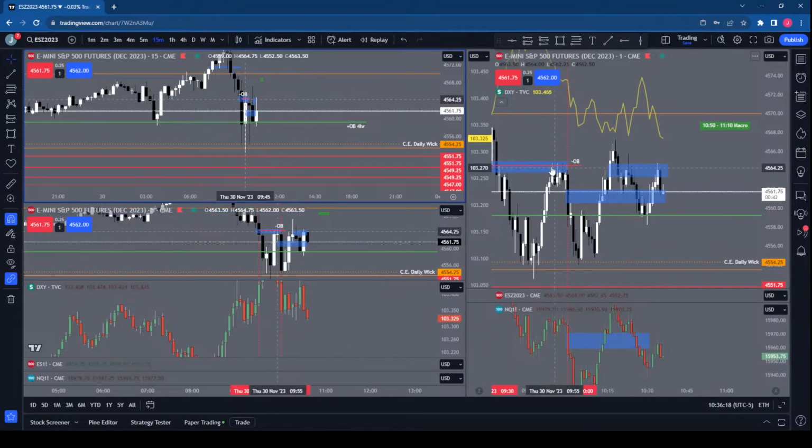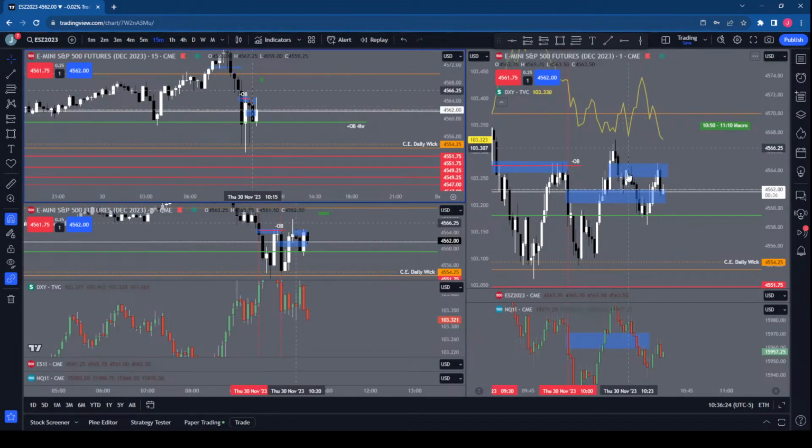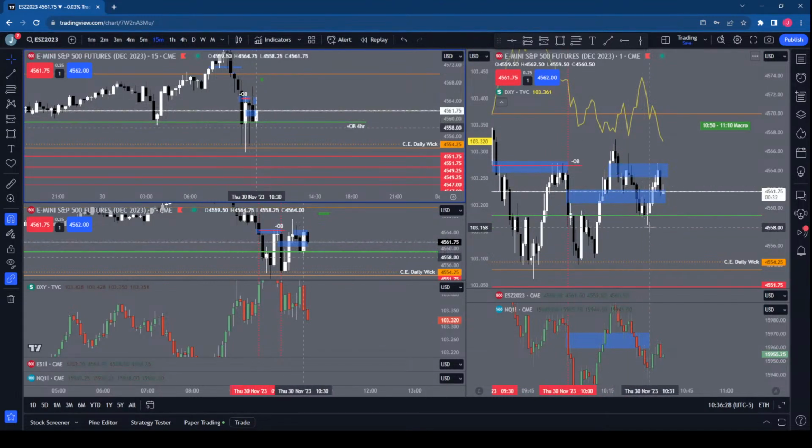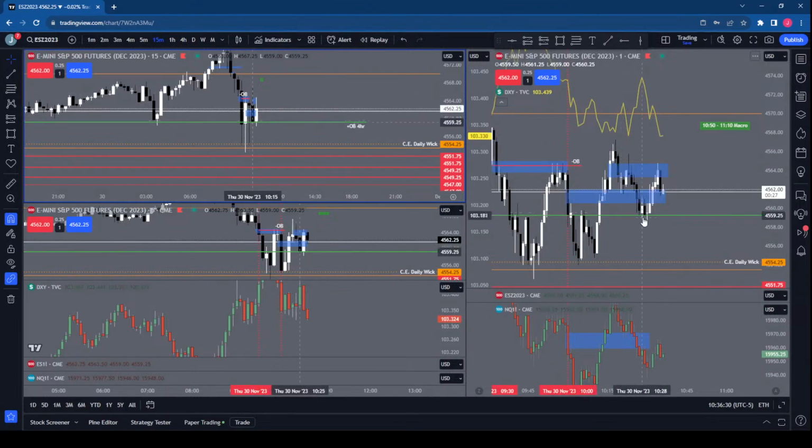So if we shifted market structure here, you'd want to enter from the retracement for a continuation. But look how we retrace that deeply. And yeah, we retrace that deeply.